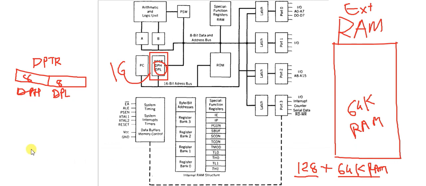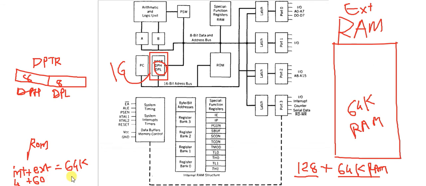In case of ROM, finally, the summation of internal plus external is equal to 64K. Okay, so if we have an internal of 4K, then the external memory we can connect is 60K.